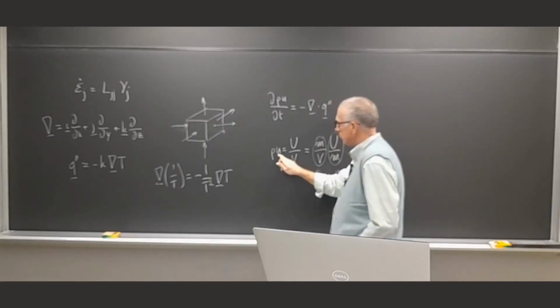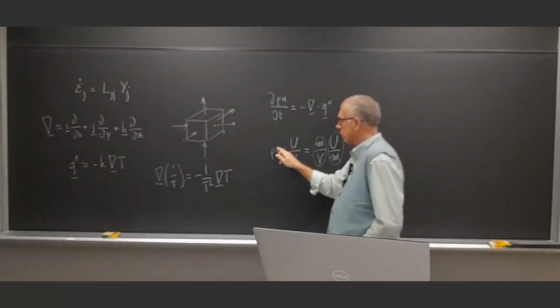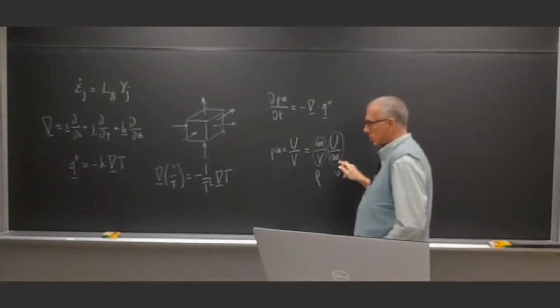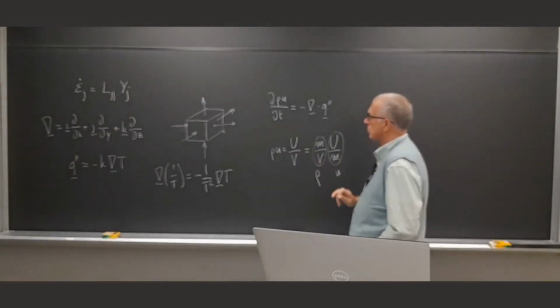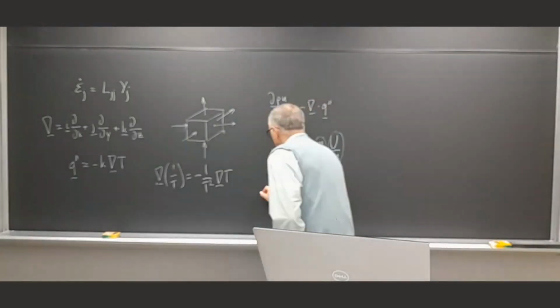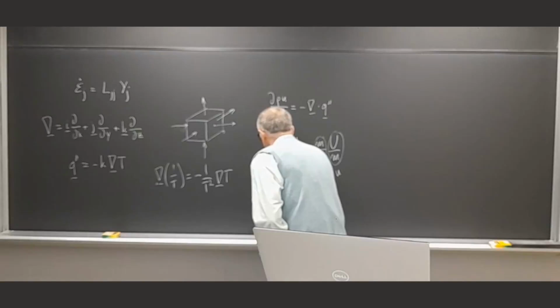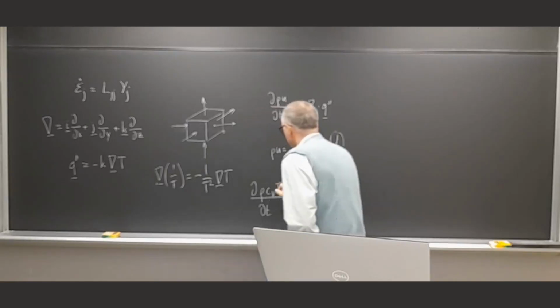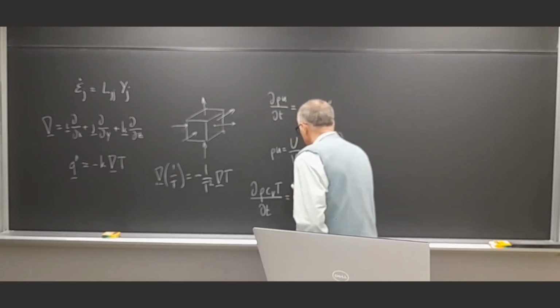So here I'm using u without the star, the asterisk, but that's the energy per unit mass. So it's the specific energy per unit mass. And for example, for a gas, that would be rho Cv times T, or at least the derivative with respect to time of rho U can be written as this derivative here.